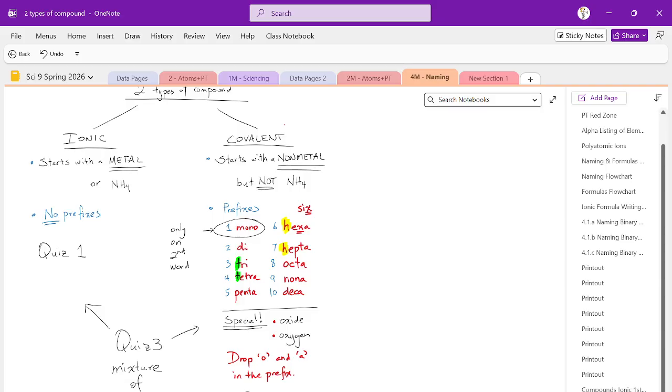So, folks, you're going to start with this classifying compounds, ionic and covalent. Let's get 1, 2, 3, take one, pass them along, please.